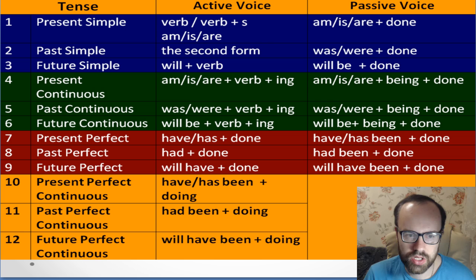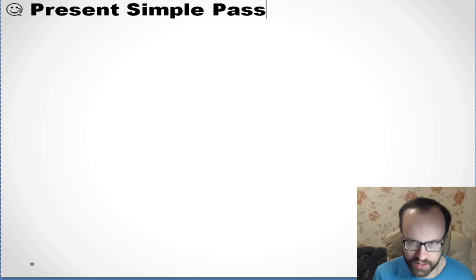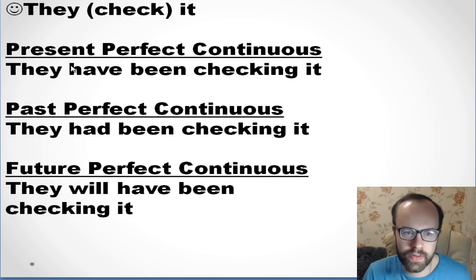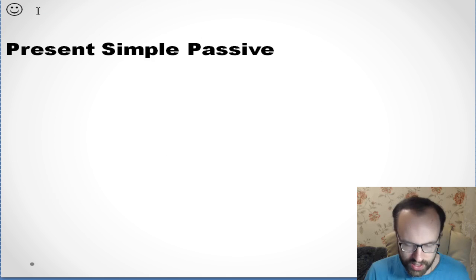Okay, so what about passive voice? So it's present simple passive, past simple passive, and so on. Okay, no problem. So we have present simple passive, and we need to work with this sentence: they check it.